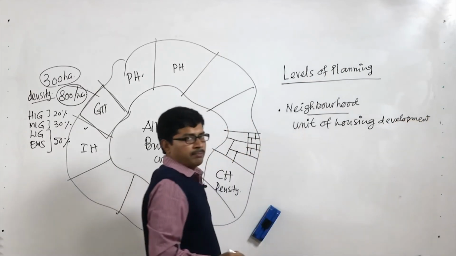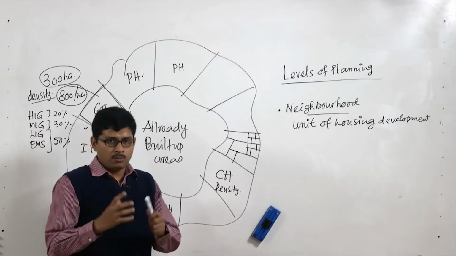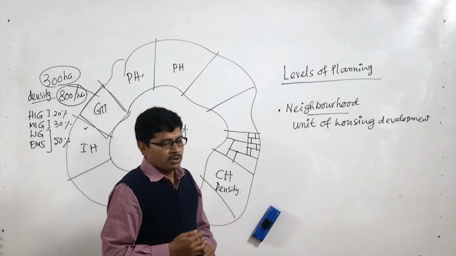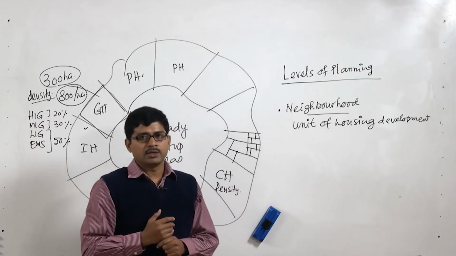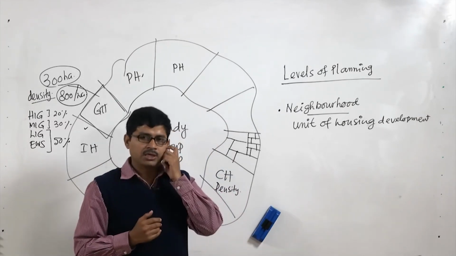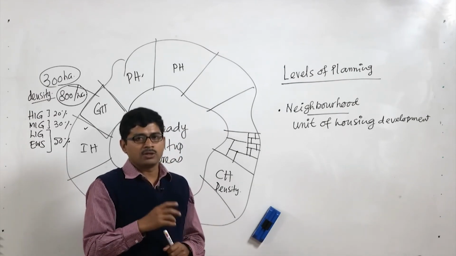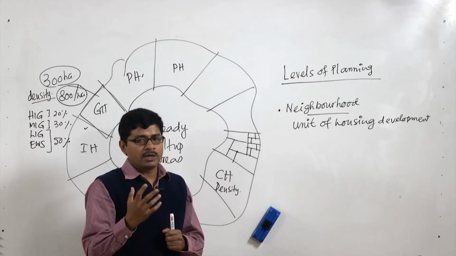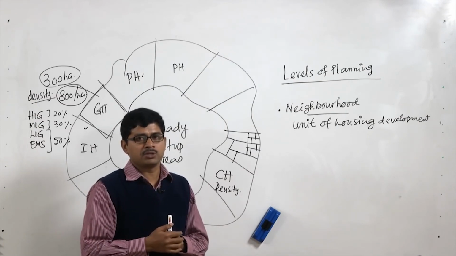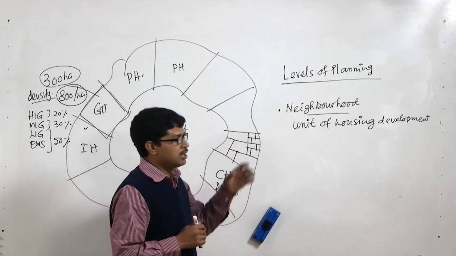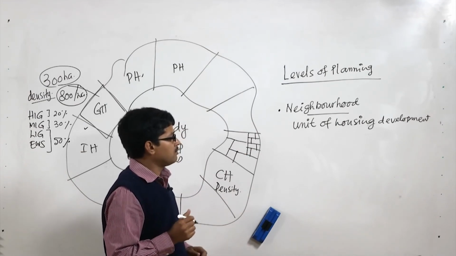By and large, one neighborhood is determined by a community or a settlement that shares a common facility. In the traditional cities of India, you have seen names like mahalla or para, or different local names, which are nothing but the neighborhood in our Indian cities. So, Indian cities have various such units.